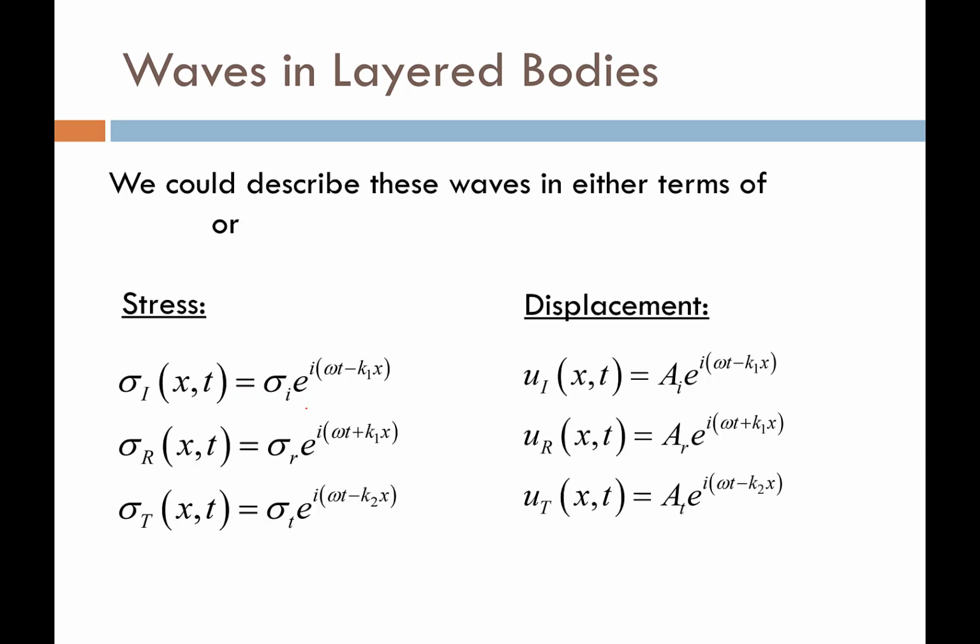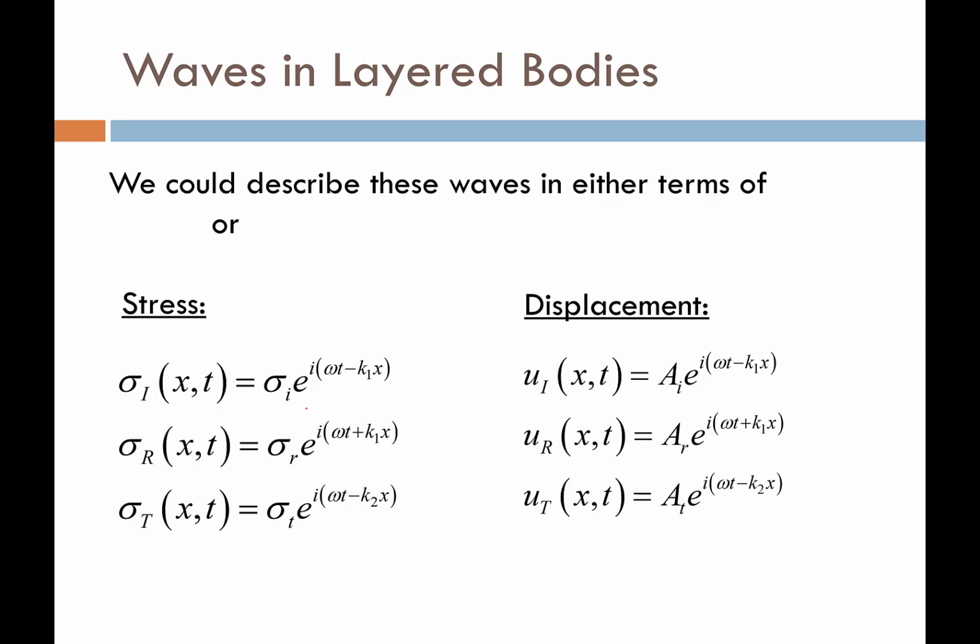Okay, so let's use what we learned about the wave equations to see if we can come up with some equations to predict what the transmitted stresses and displacements would be, as well as the reflected stresses and displacements. So we're assuming we know the incident wave stresses and displacements because we created them.